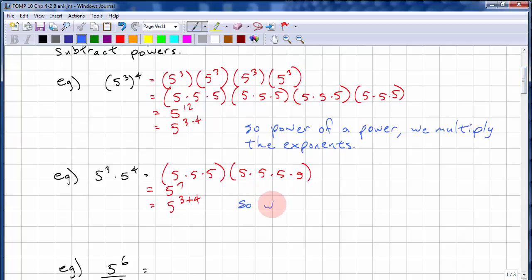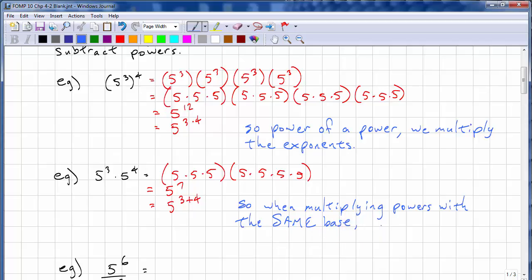So, when multiplying powers with the same base, we add the exponents.